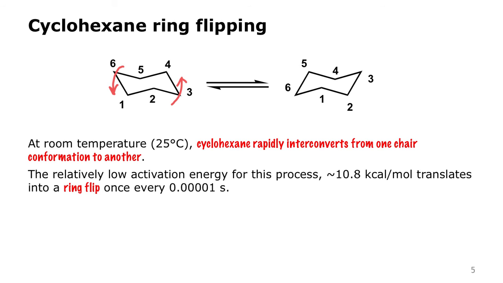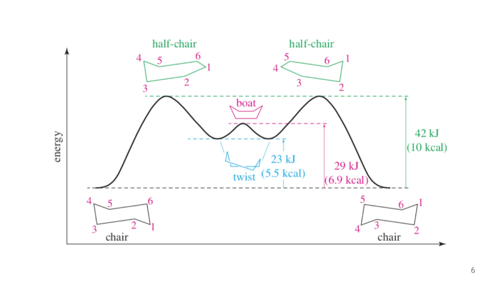If we map this whole process out, it's a little more complex than it appears here. It's not just a simple matter of flipping up carbon number 3 and flipping down 6. It's a little more complicated than that. So here it is mapped out on a potential energy diagram. We have one chair orientation here on the left as our global energy minimum.